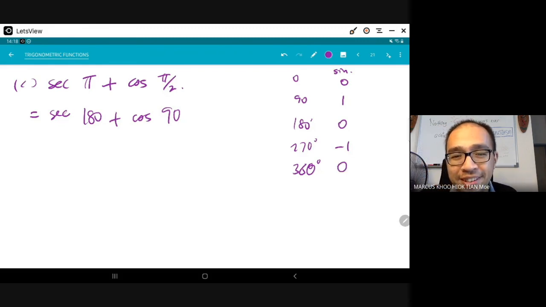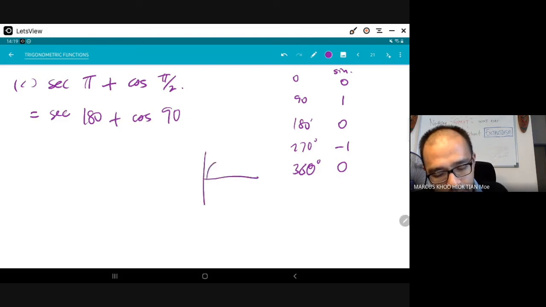This is the value. I am quite sure that you have learned the sine graph. 0, 1, 0, negative 1, and 0. This is 0, 90 degrees, 180, 270, and 360 degrees.